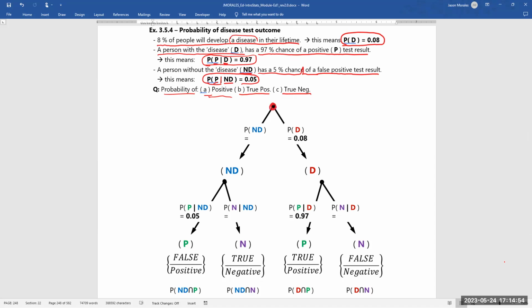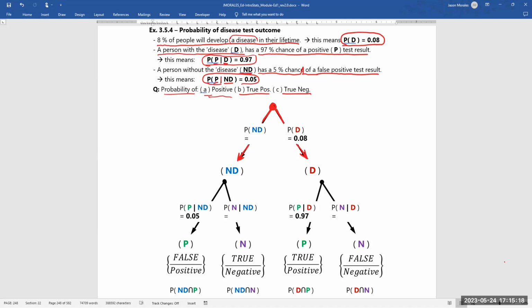Starting from this first node, this is whether the person has a disease or has no disease. Down this branch is the probability of a person not having a disease, and down the branch on the right is the probability of a person having the disease.